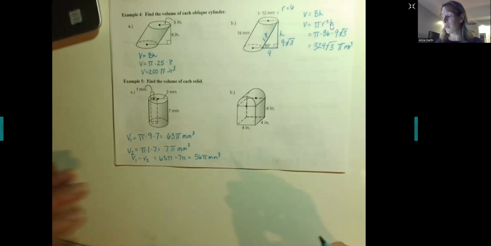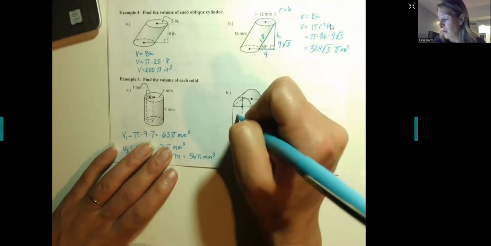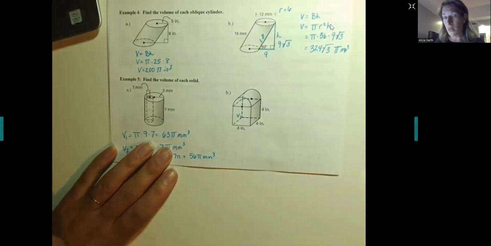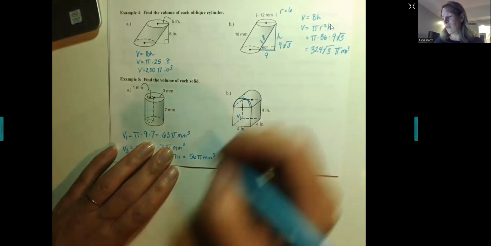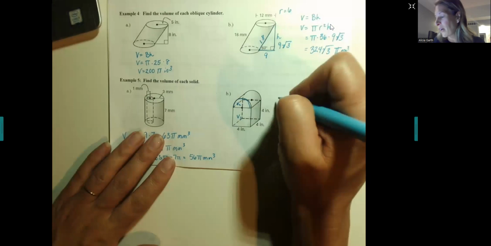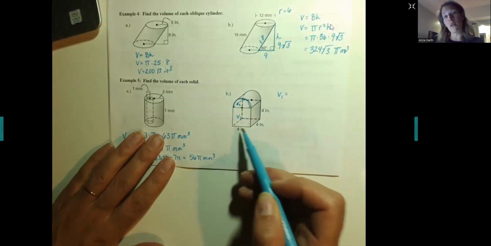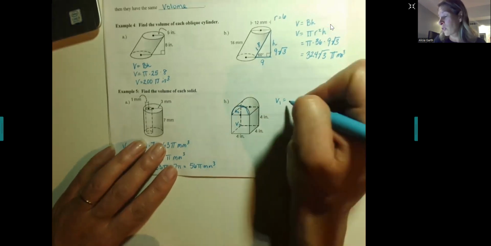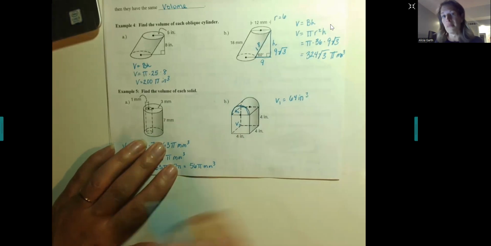So what we're going to do for the second one, what you should see is that you have a cube and you have half a cylinder. So this is going to be my V2, and I've got V1. My volume of the first cylinder is a cube, so it's just going to be 4 times 4 times 4, which is 64 inches cubed.